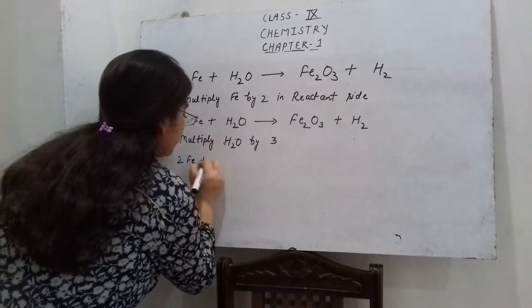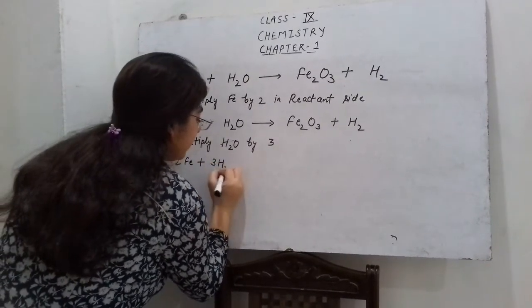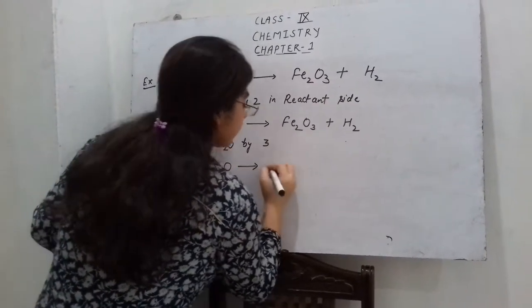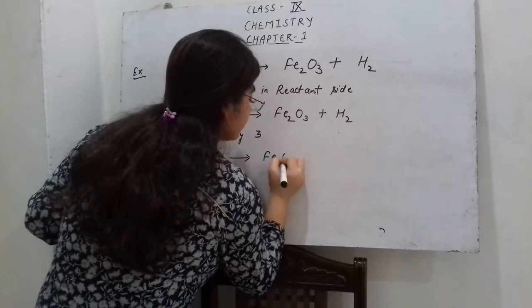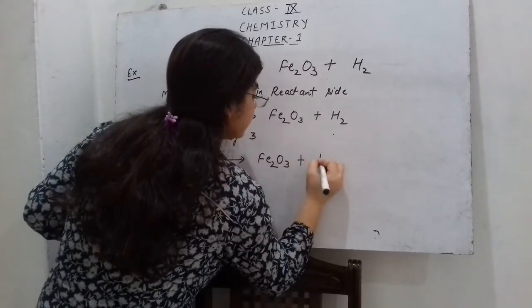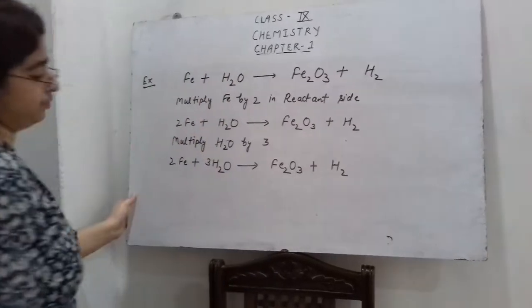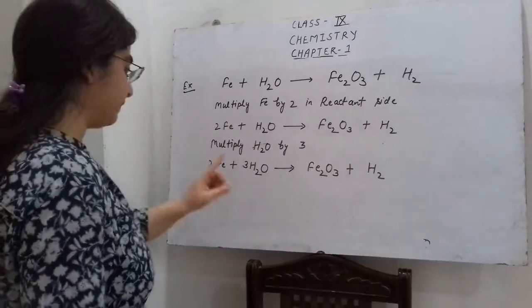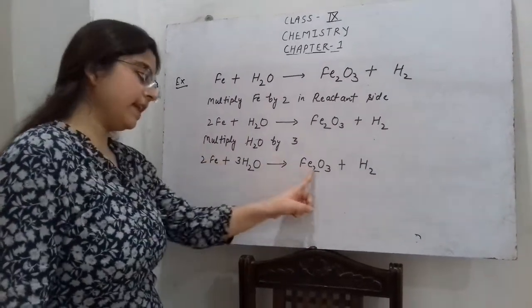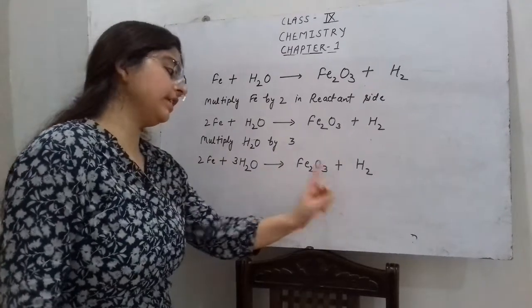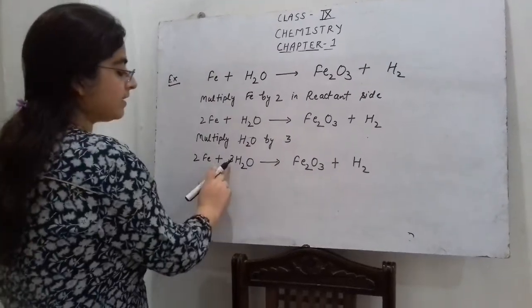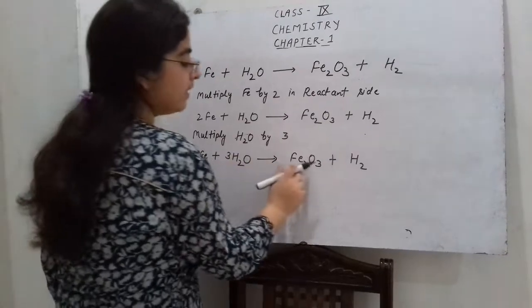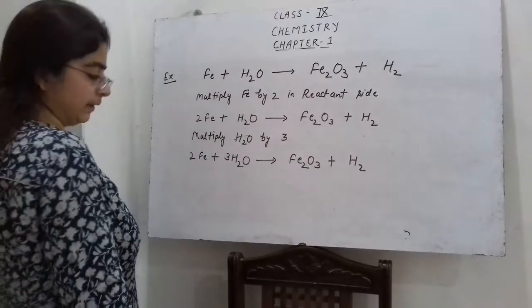So we will get 2Fe plus 3H2O gives out Fe2O3 plus H2. Now iron is balanced and oxygen is also balanced. You can see 3 atoms of oxygen are here and 3 atoms of oxygen are here.